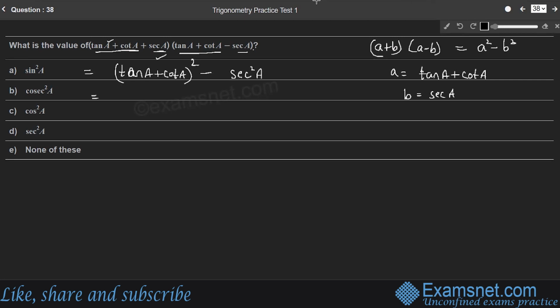Here also, the first term is in the form of A plus B the whole square, so A square plus B square plus 2AB. Apply the same rule here.